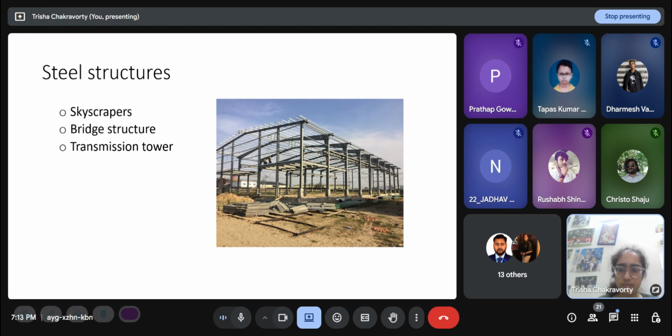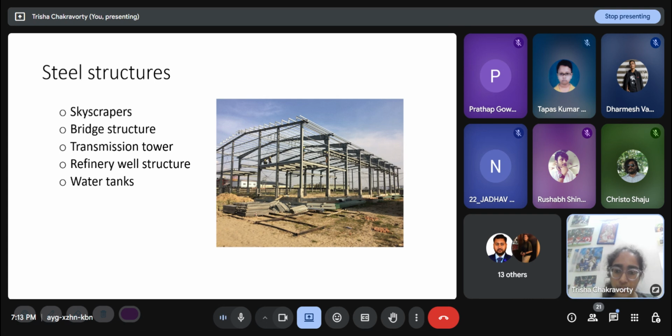And even those advertisement hoarding boards on the road, if you keep an eye on how those advertisements are mounted, they are also a truss structure made of steel. And if you look very carefully, you will also see the connections, which we study in this course. Transmission towers, again, are very tall structures, so steel is more economically viable there.